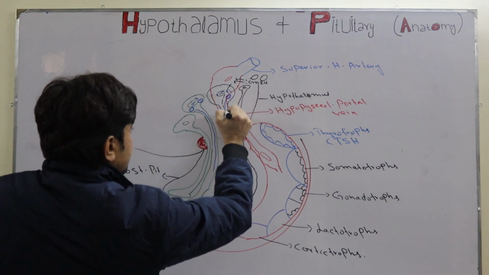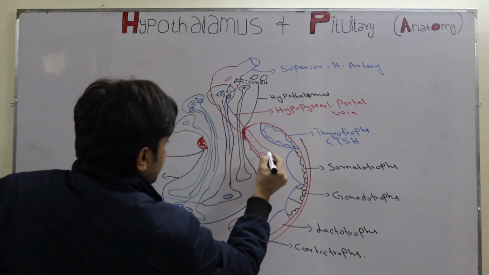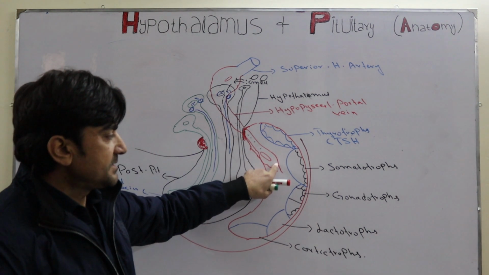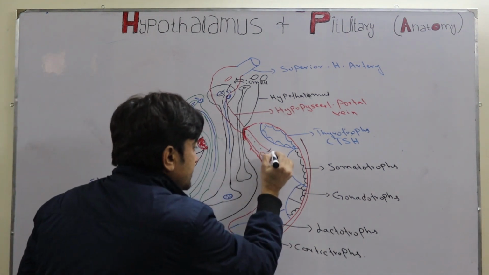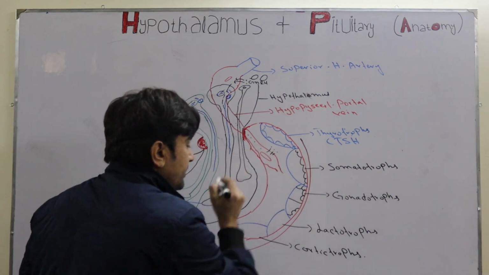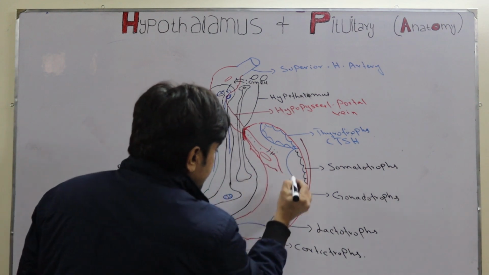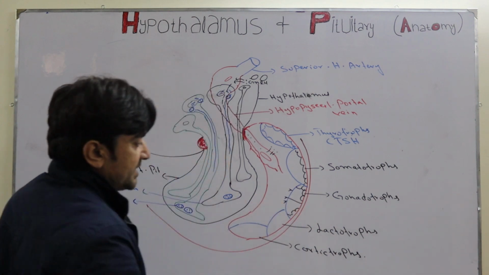Through the hypophyseal portal vein the hormone travels here, and when it reaches the other plexus of capillaries which is present in the anterior pituitary, the hormone leaves these capillaries. And for example, this is GnRH hormone. So this GnRH hormone binds only to those cells where its receptors are present.